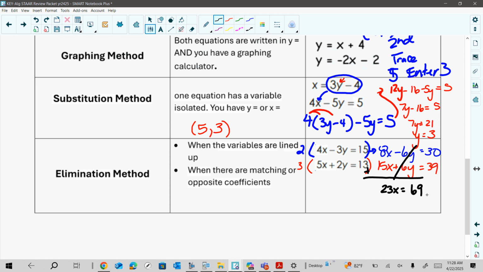Is that right? Yeah. And then we're dividing by 23. So our x is 3. And then to find the y, we have to plug it back into one of the equations. Doesn't matter.